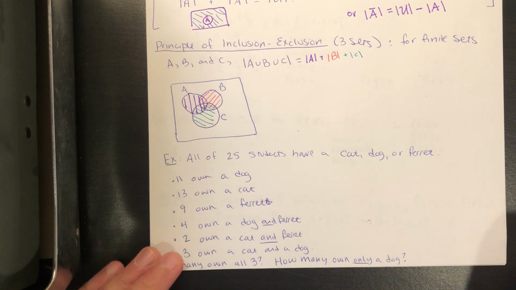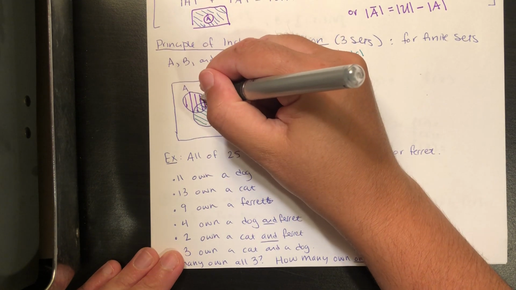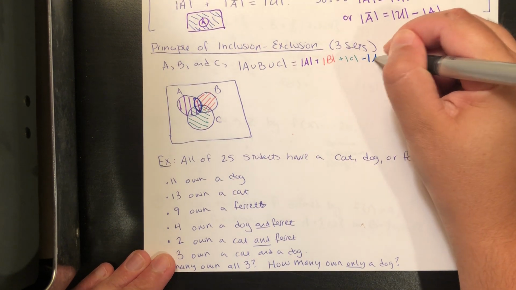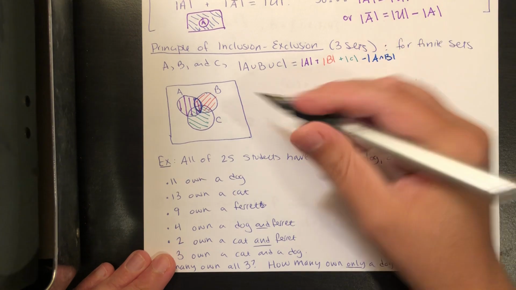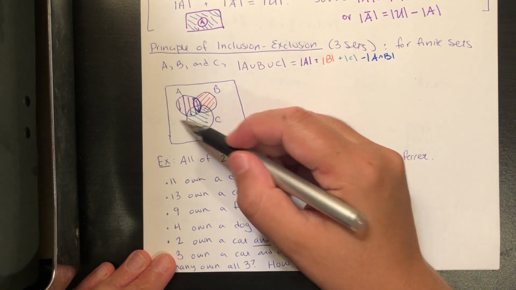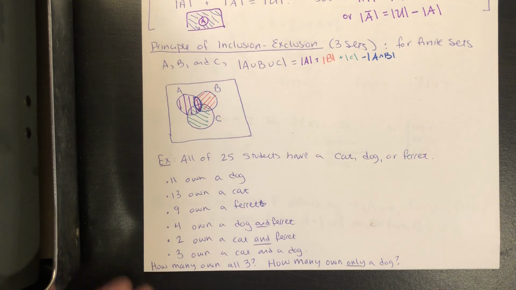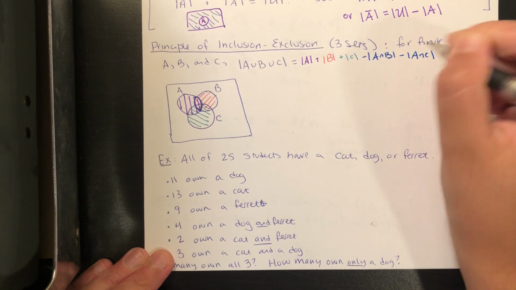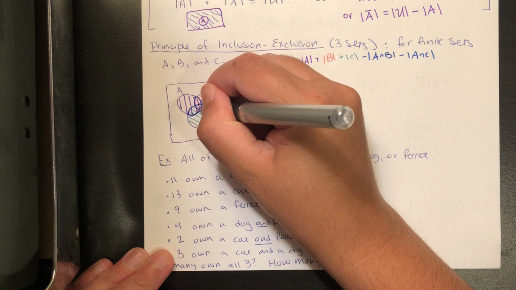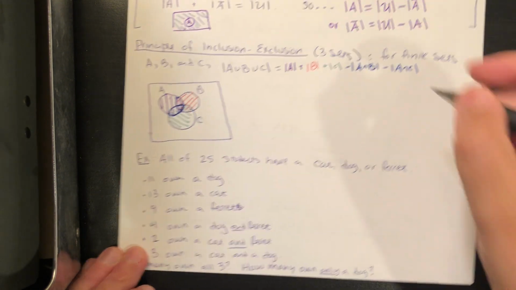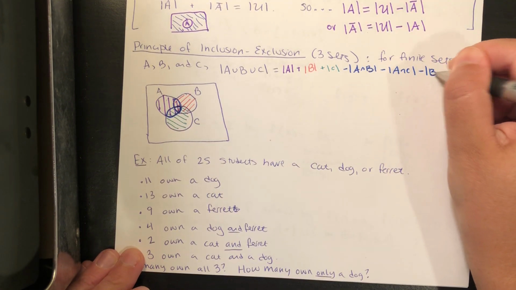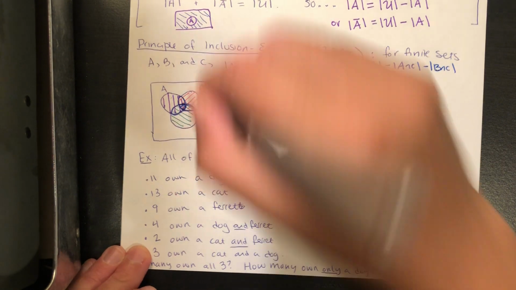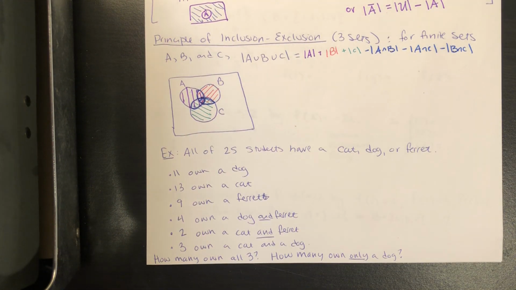Right, so as an example, I want to take out the intersection A intersect B, because I counted it twice. I counted it for A and I counted it for B. Similarly, I want to subtract A intersect C because I accounted for that twice with the purple and the green. And I want to subtract B intersect C because I counted that twice as well with the green and with the red. But here's the problem.